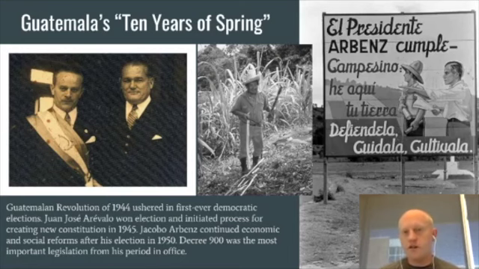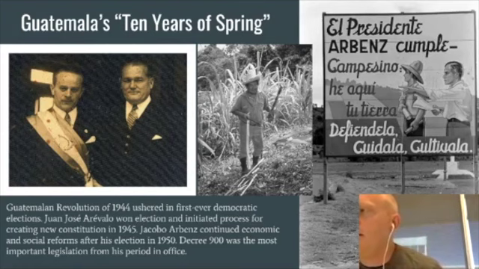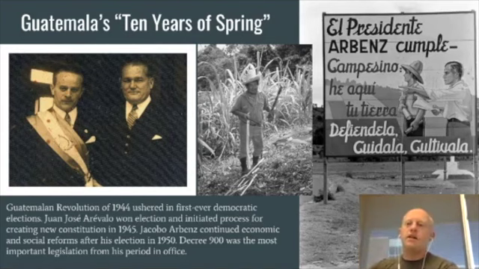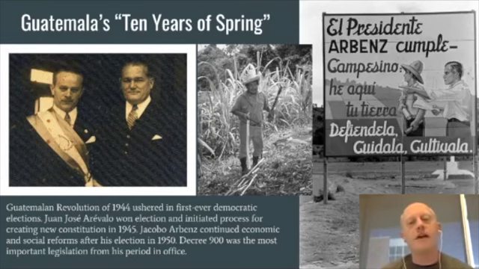His most controversial and most famous initiative was Decree 900. This was agrarian reform. And what this agrarian reform law did is it redistributed the lands of large corporations like United Fruit or large estates to the Guatemalan people.